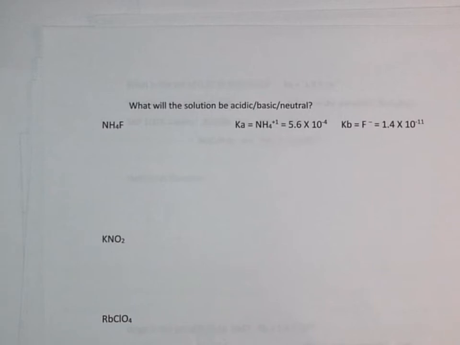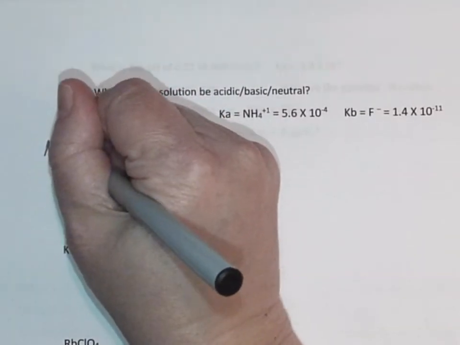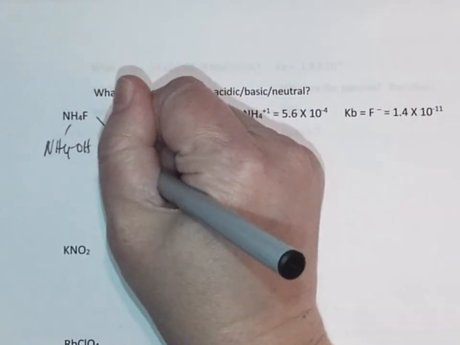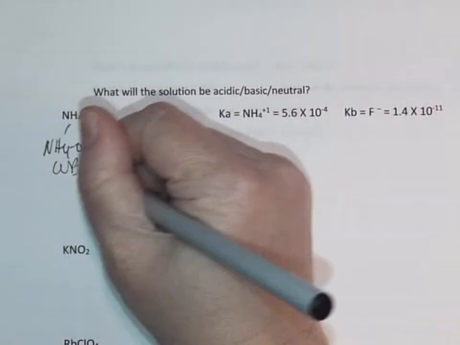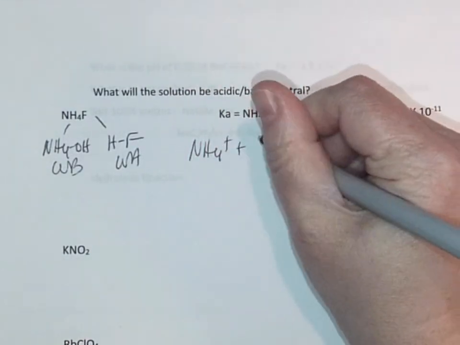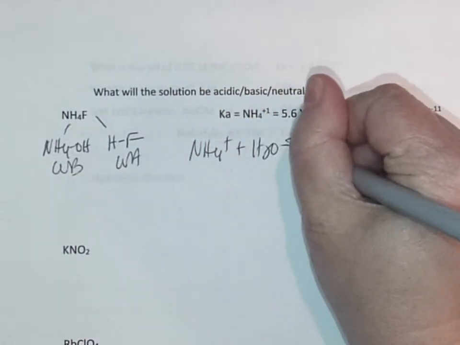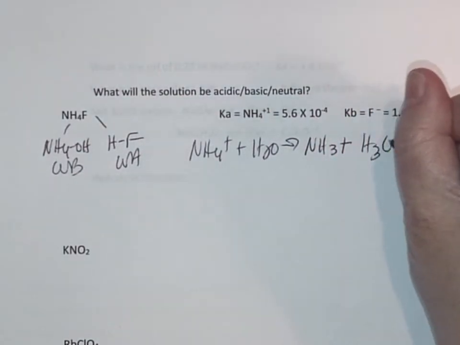Just like we've been doing, we've been trying to determine what are the parents. So this is NH4OH. This is HF. They are a weak base, a weak acid. So both of these ions from the salt are going to actually impact the pH.